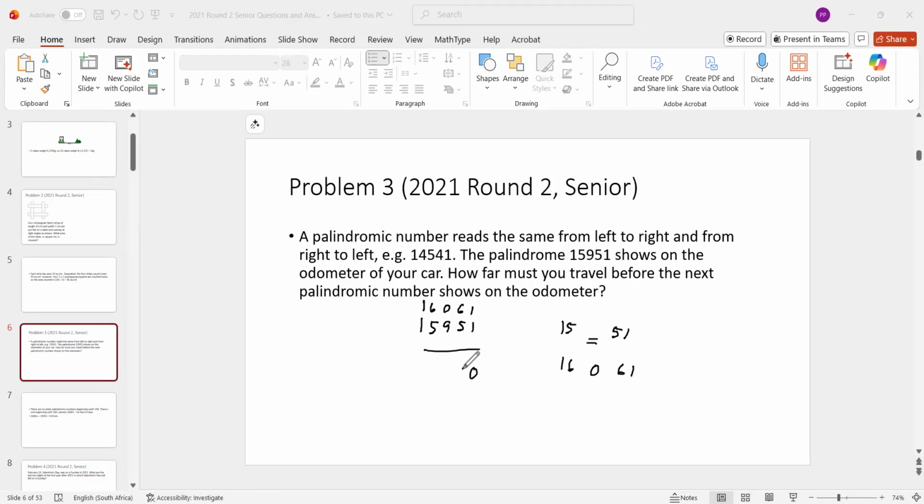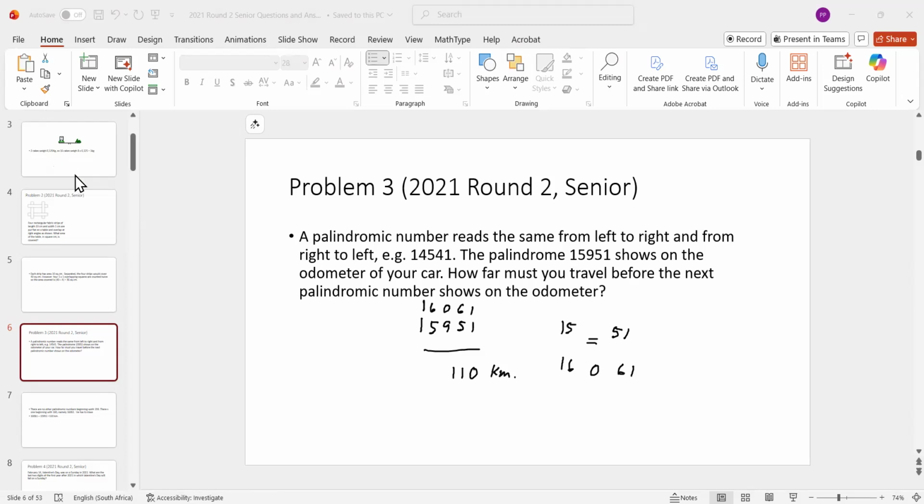All you have to do is just subtract these two numbers. They didn't say that these are kilometers, but anyway, we'll have to assume that the units are all kilometers. Okay, so you have to travel 110 kilometers before you reach the next palindromic number.